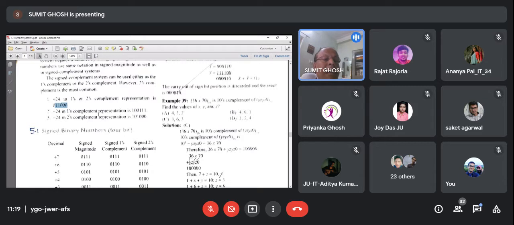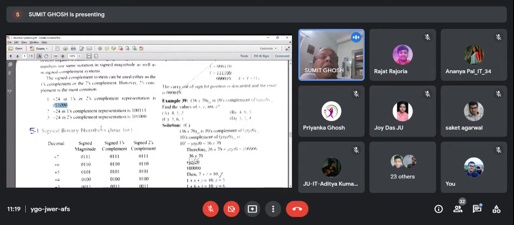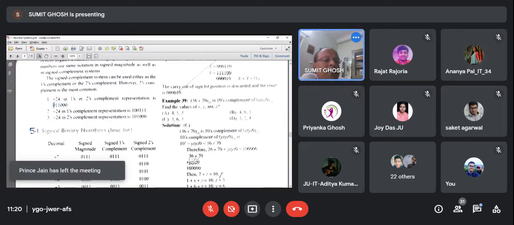What is the sign bit in sign magnitude convention? What is minus 24? Yes, the sign bit is 1 and then the number itself. That is minus 24 in sign magnitude. Plus 24 in sign magnitude is 011000.